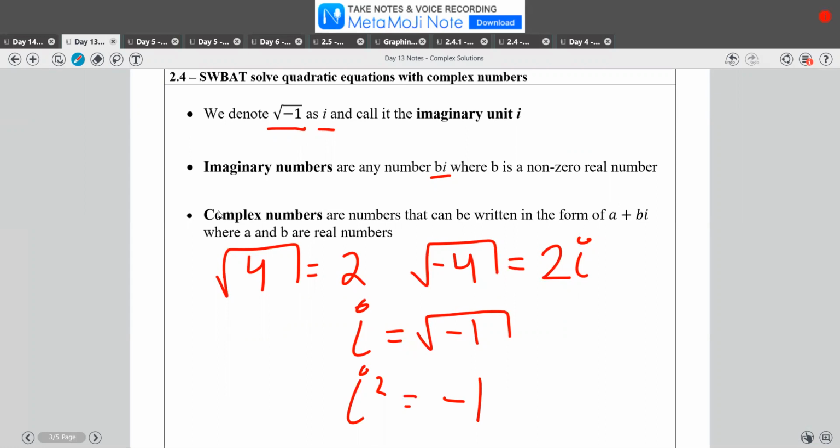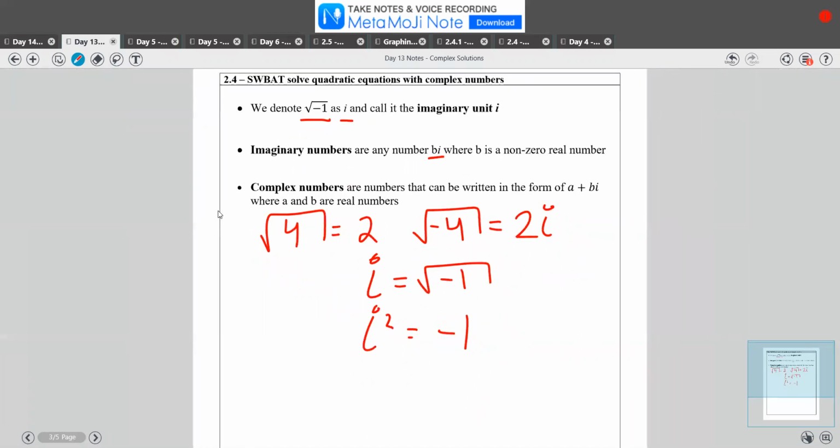So those are really the main things that I want you to know about imaginary numbers. Every time you want to take the square root of a negative number, you have to write an i. I will go over why this works when I'm back. Just for now, understand that i is equivalent to the square root of -1, and i squared is equivalent to -1.